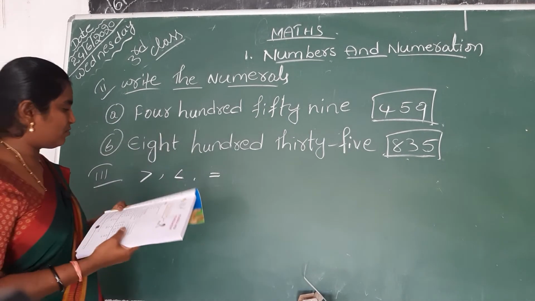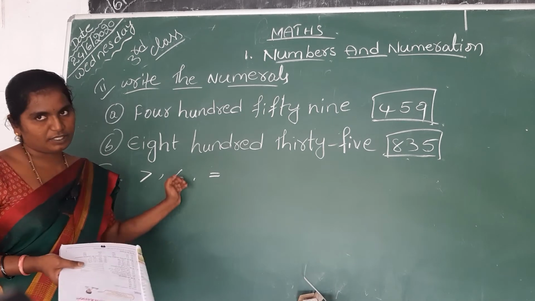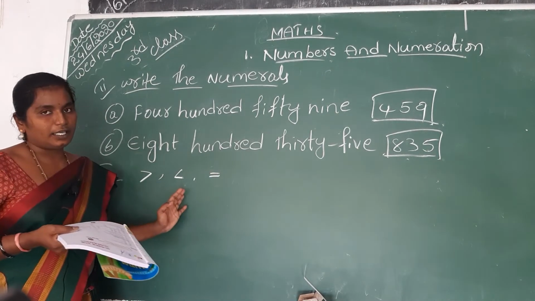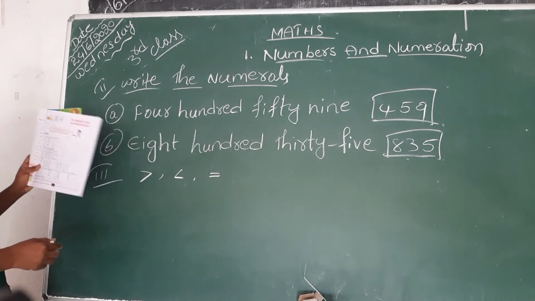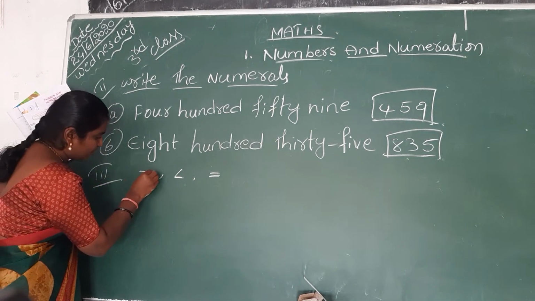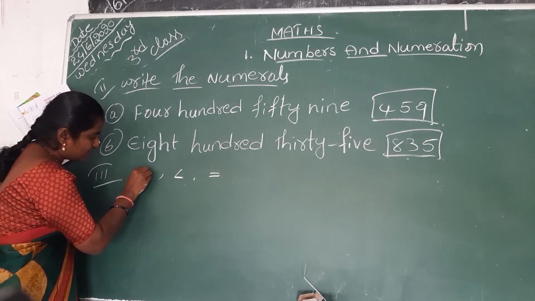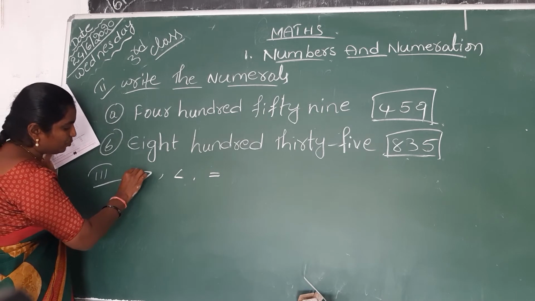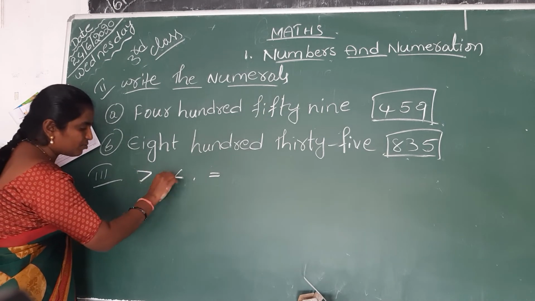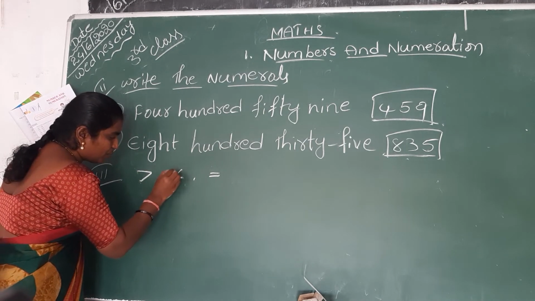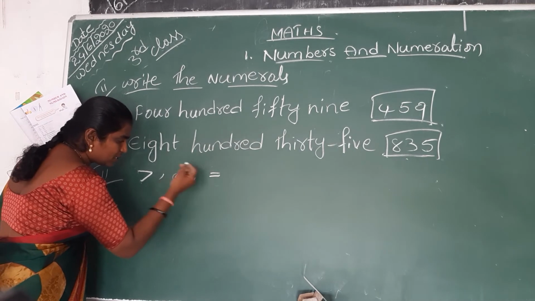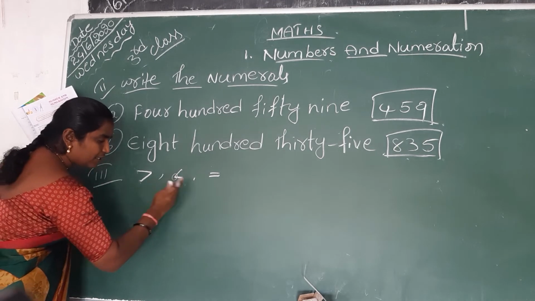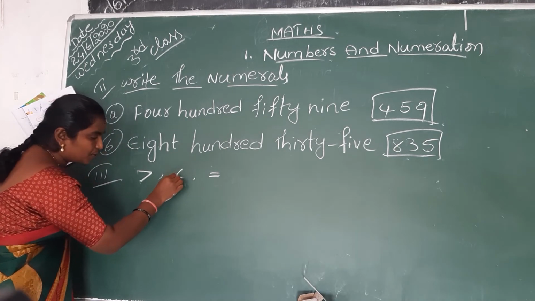In these two numbers, which is the greater number, which is the smaller number, or else are both equal, meaning you have to put the equals symbol. If there is a bigger number, you have to draw two lines on the bigger number's side. If it is the smaller number, you have to put the corner side toward the smaller number.